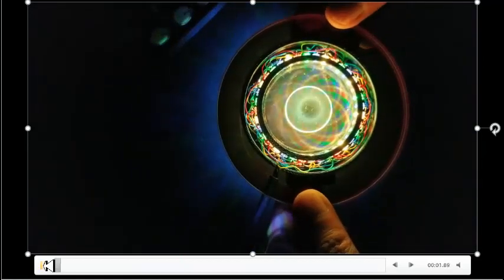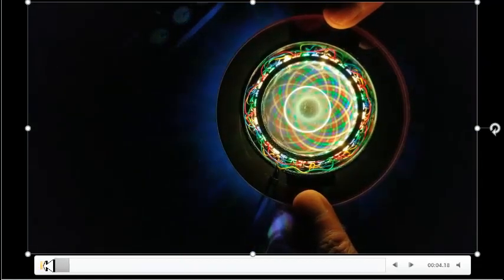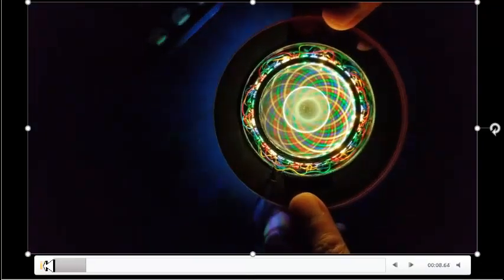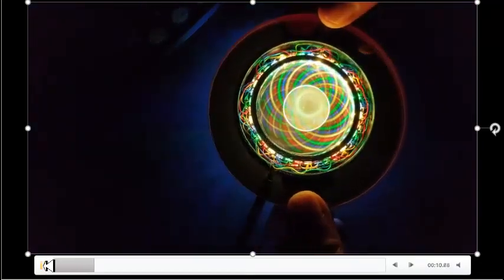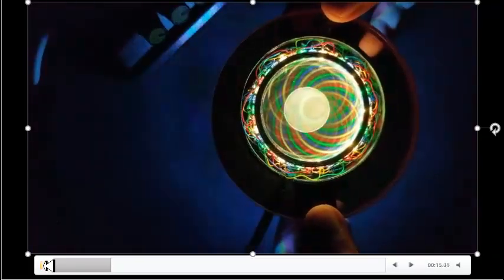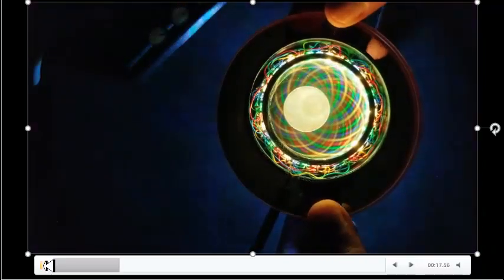When you have the Ferrocell in your hand, you see that the patterns change in real time, but you also see a 3D effect.